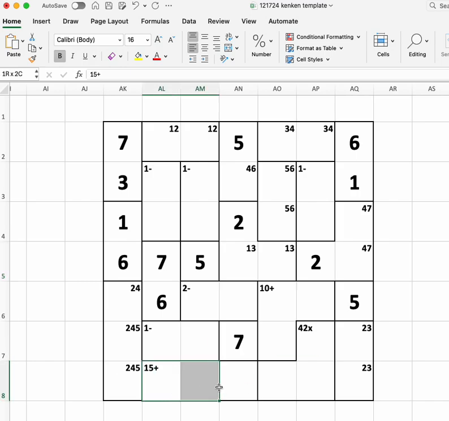And then that's going to have an impact here. Okay, so if a 7 has to go in here, because it's 761 or 723, 7 can't go here, it's got to go down here as one of our numbers.